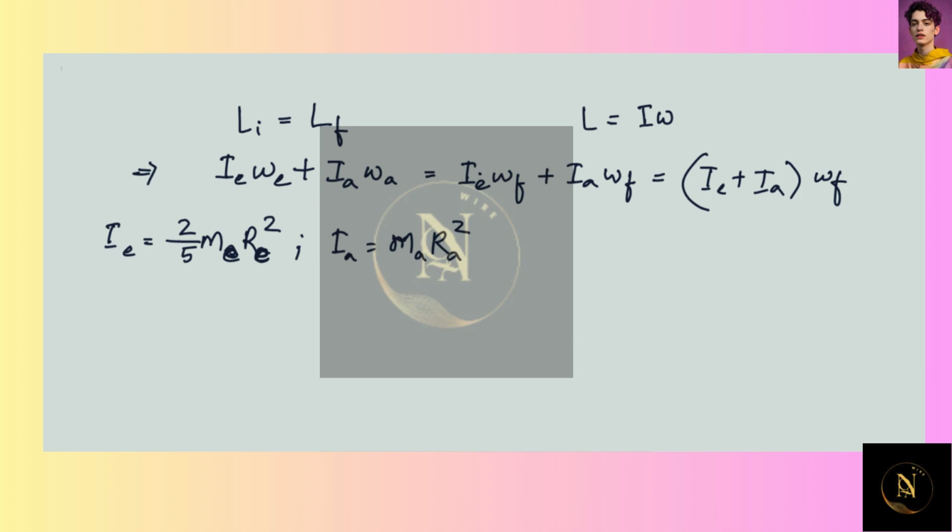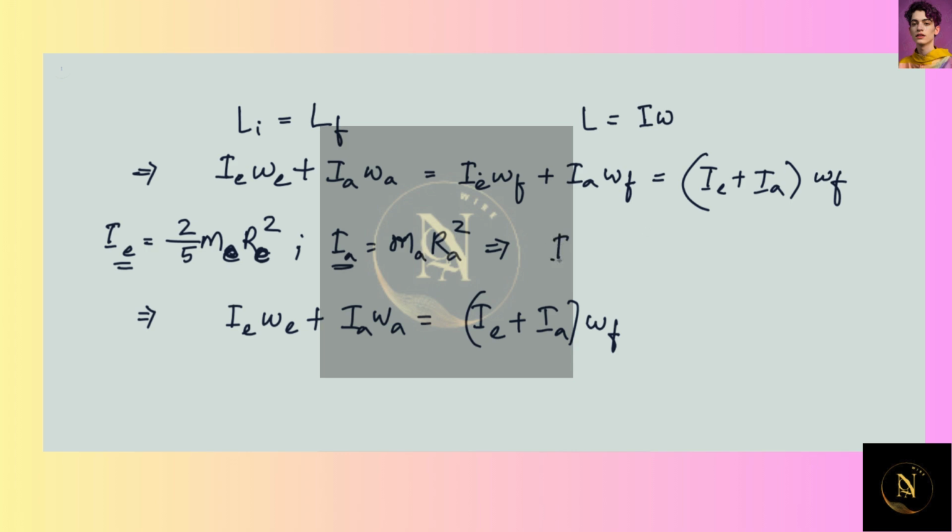Now let's solve the first equation. So we have IE omega E plus IA omega A equal to (IE plus IA) times omega F. Now, if you compare these values, we can say that the moment of inertia of the asteroid can be ignored relative to the Earth.